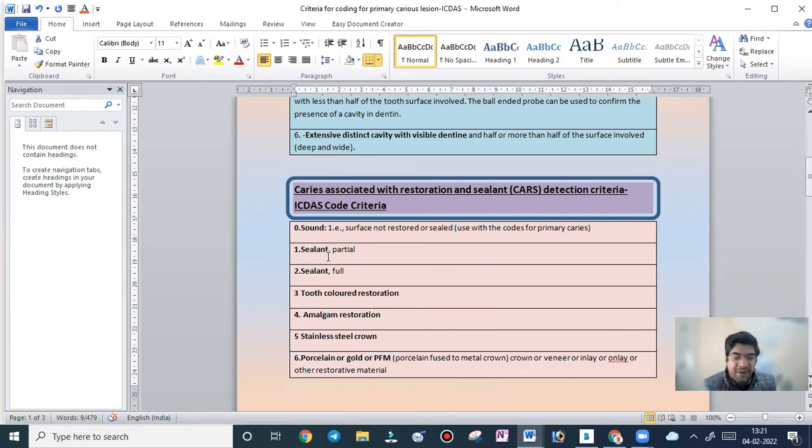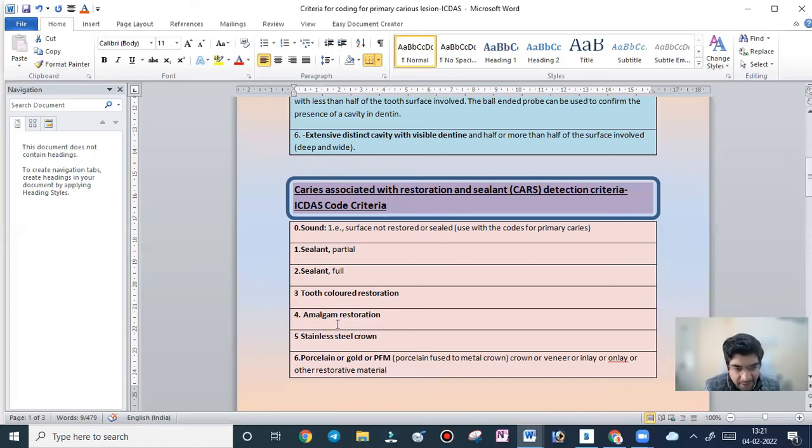For example, if a tooth is restored with composite resin and also exhibits an extensive distinct cavity with visible dentine, then the tooth would be coded with 2-digit coding.